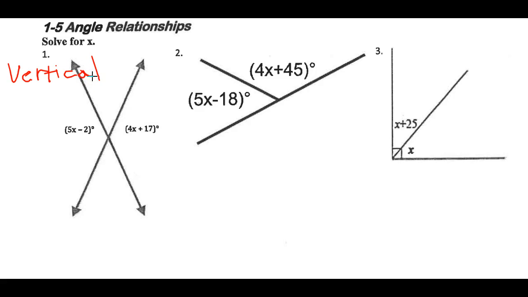And what we should know about vertical angles is that they're equal to each other. So right away, sort of like my angle bisector setting, I can set these two quantities equal to each other. I have 5x minus 2 equals 4x plus 17.